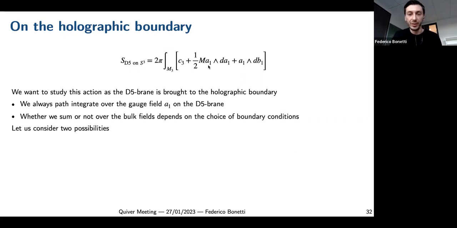We always have to do a path integral over it. In terms of C3 and B1, instead, those are bulk fields. They are pullbacks of bulk fields. So what happens to them depends on our choice of boundary conditions. That gives us a freedom of considering several options. Again, I will not attempt a full classification, but rather consider 2 examples.